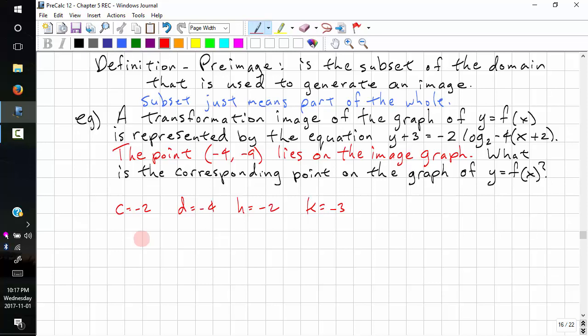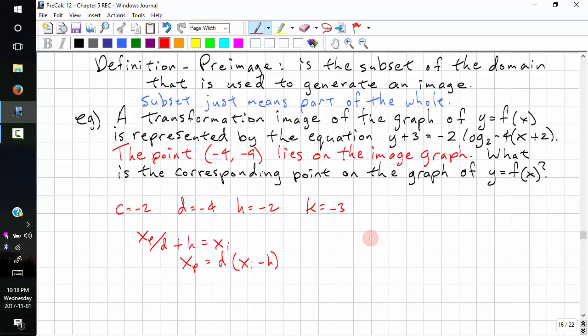So the formula we start off with is x pre-image divided by D plus H equals x image. And we do 2 steps of algebra and we get x pre-image = D times (x image minus H).